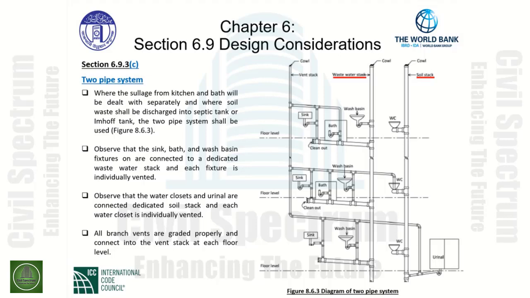Observe that the water closets and urinal are connected to the dedicated soil stack again. Additionally, all the branch vents are graded properly, and they are connected into the main artery for air that we call the vent stack.